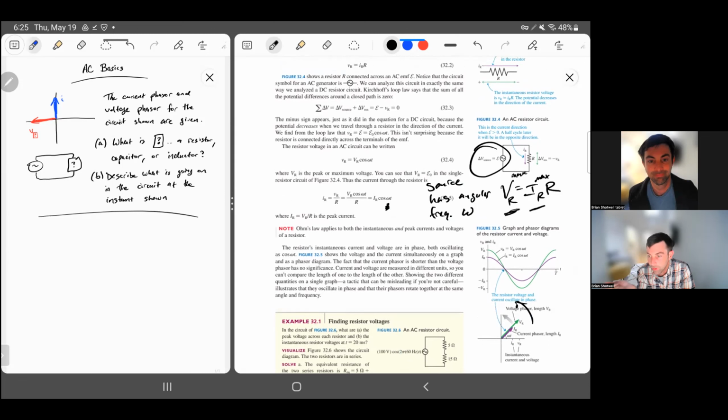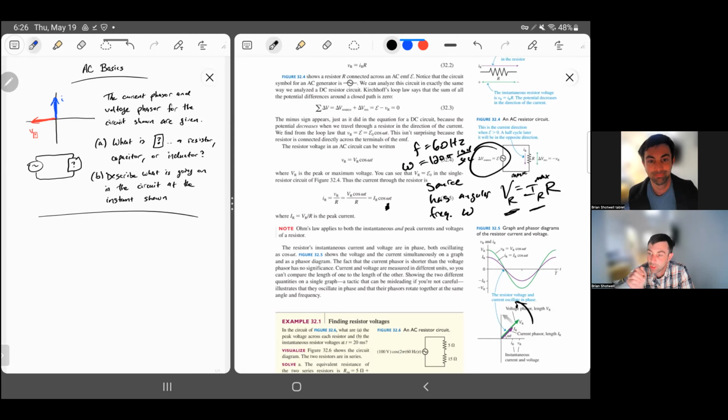In the US, in the wall outlet, it's 60 hertz, 60 cycles per second. So the voltage swaps back and forth. It's positive and then it becomes negative and then positive 60 times every second. That's a lot. So in the US, with 60 hertz, if you turn that into omega, in radians per second, there's 2 pi radians for every cycle. So this would be 120 pi radians per second.